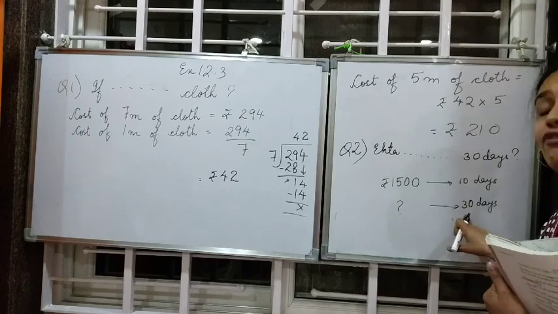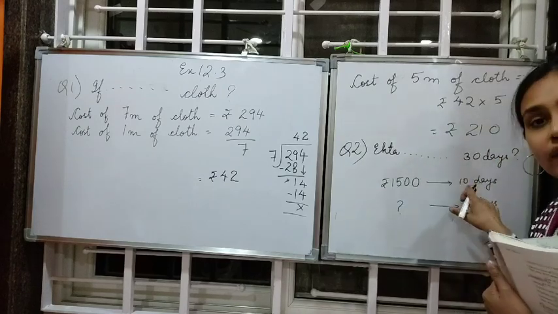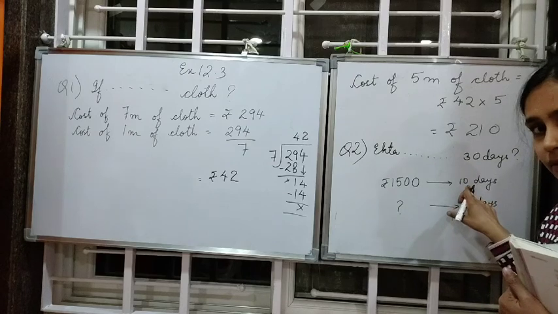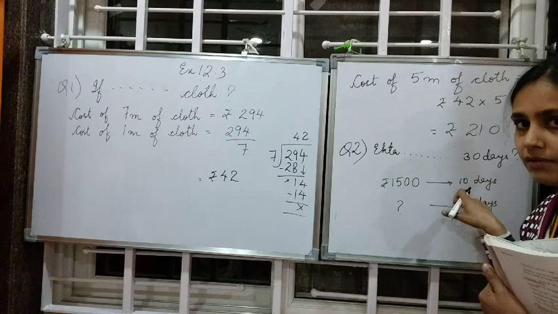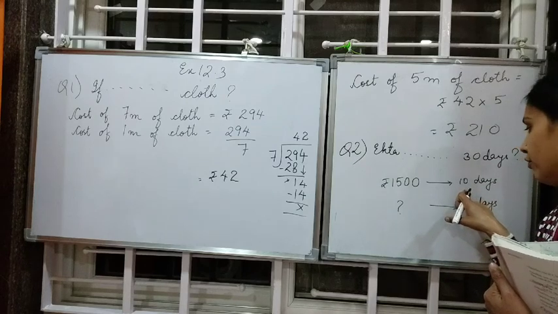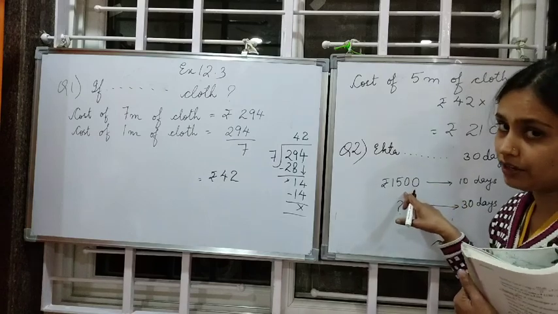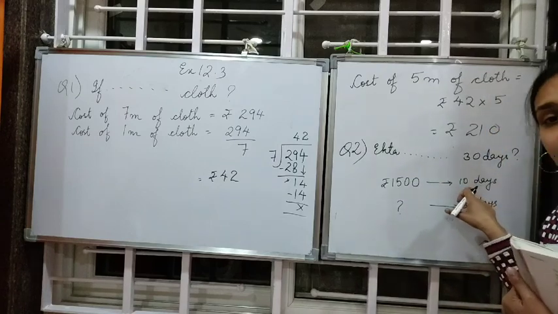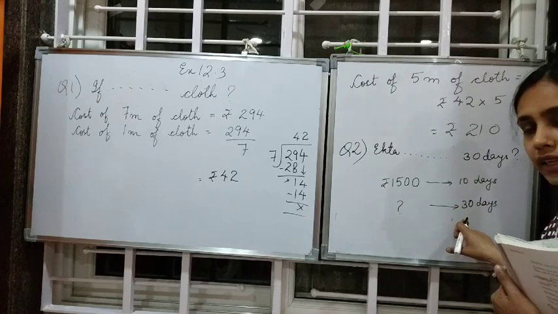So to know for more, we need to know for 1. Again, the sum is given. We'll find out for 1. 10 is some days, so we can find out for 1 from here. That is, 1500 divided by 10 gives us for 1 day, and then we find out for 30 days.